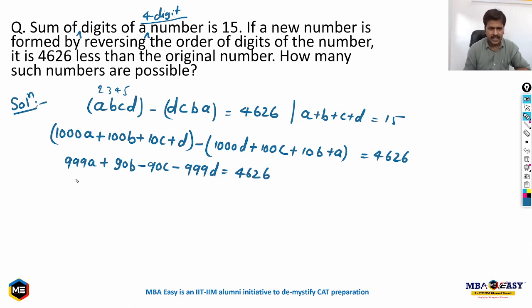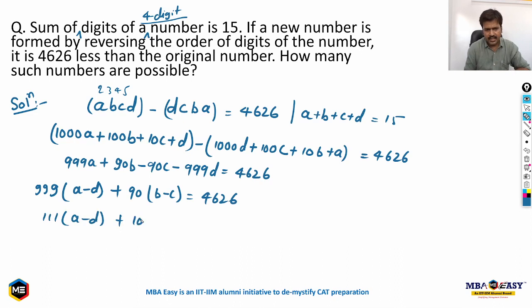So 999, you take 9 common, it will become 111 times (A minus D), plus 90, you take 9 common, it will become 10 times (B minus C), is equal to 4626. So divide by 9, you will get 111 times (A minus D) plus 10 times (B minus C), and if you divide 4626 by 9, 9 5s are 45, 1 2, 9 1 is 9, 3 6, 9 4s are 36. So this is my second equation.